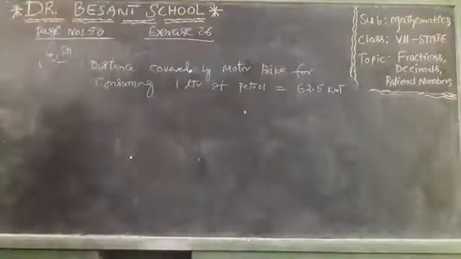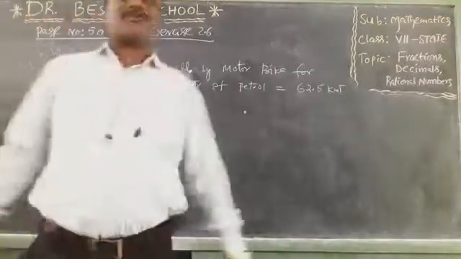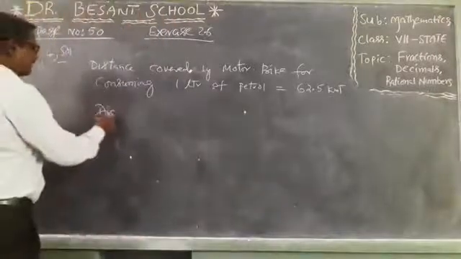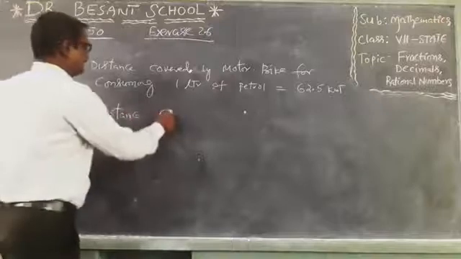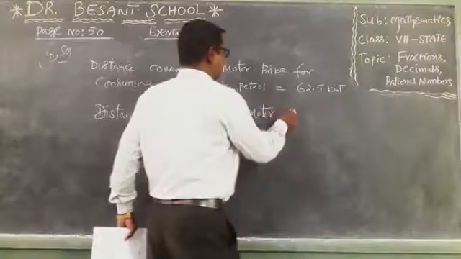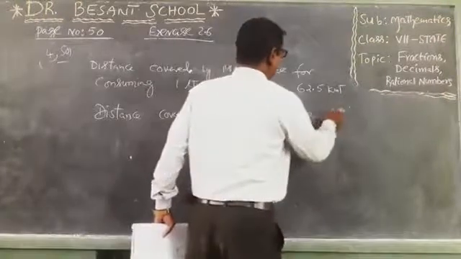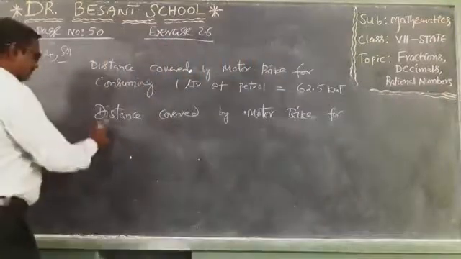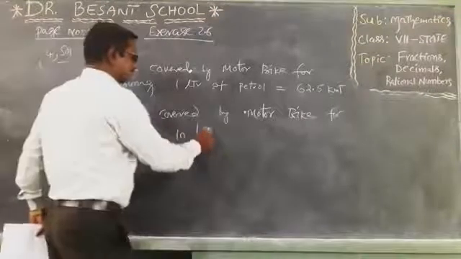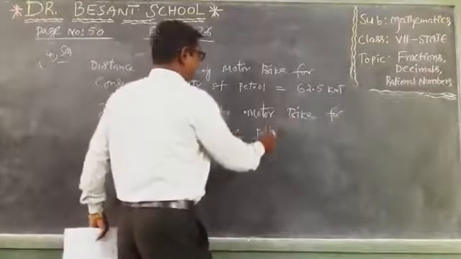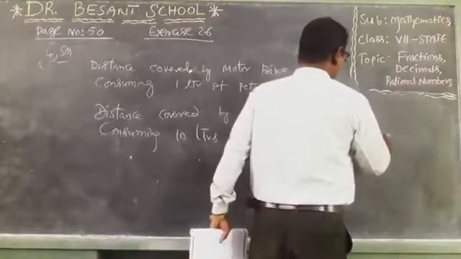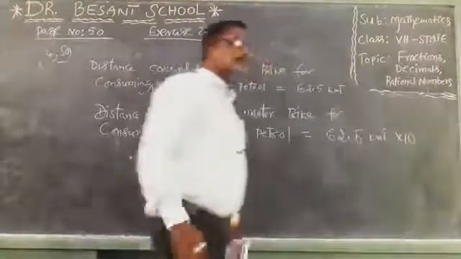We need to calculate what is the distance covered by the same motor bike for consuming 10 liters of petrol. Distance covered by motorbike for consuming 10 liters of petrol is equal to 62.5 kilometers into 10.